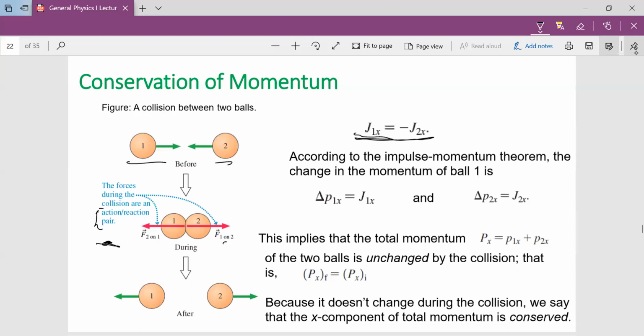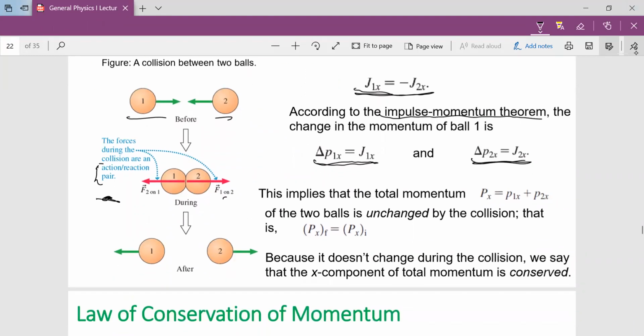Also describing this from our understanding of the impulse-momentum theorem, which is the impulse being equal to the change in momentum, we see also that the change in momentum for ball 1 will be equal to the impulse for ball 1, and that also applies to the second ball.